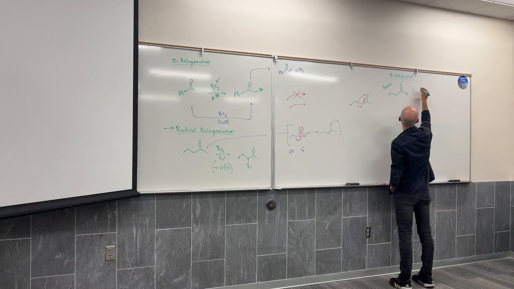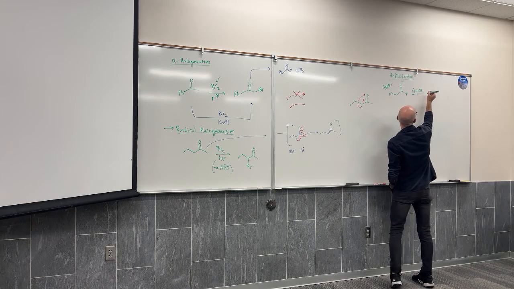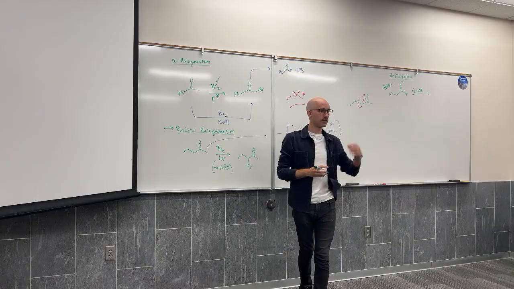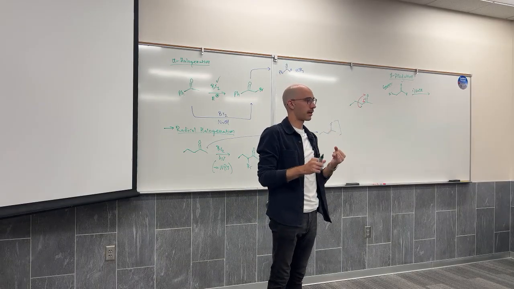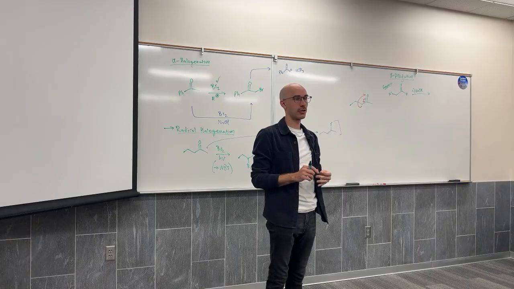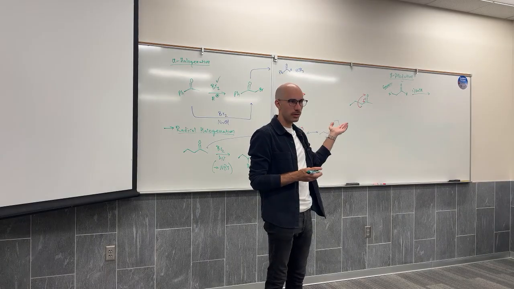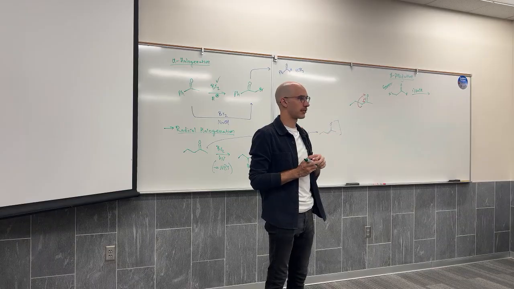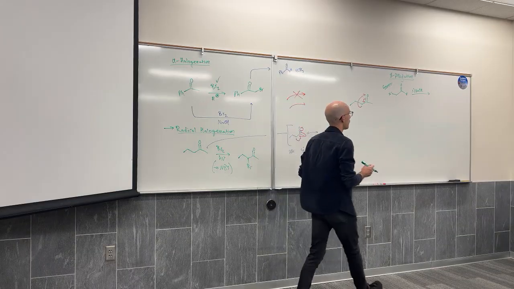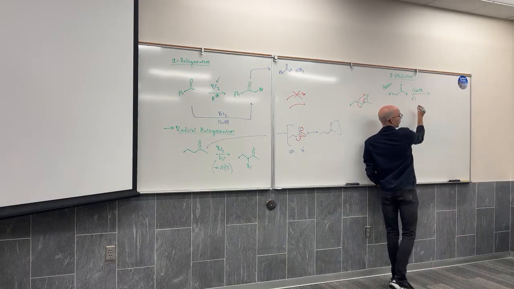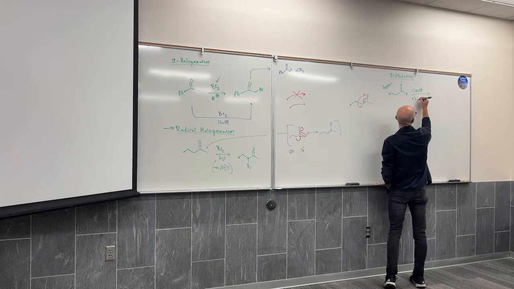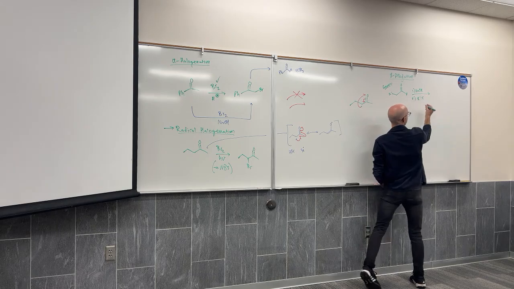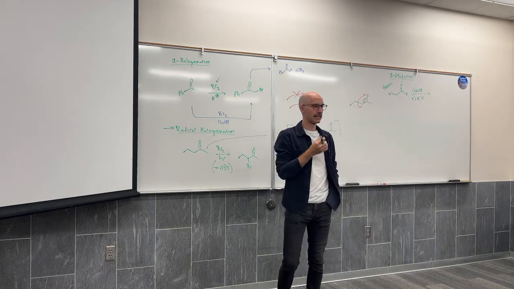If I first react this with a base, let's say a sodium alkoxide, so like sodium methoxide, sodium ethoxide, sodium tert-butoxide. Or if it's an aldehyde or a ketone, sodium hydroxide would work as well. And then, after turning it into an enolate, then I introduce some sort of alkyl halide.